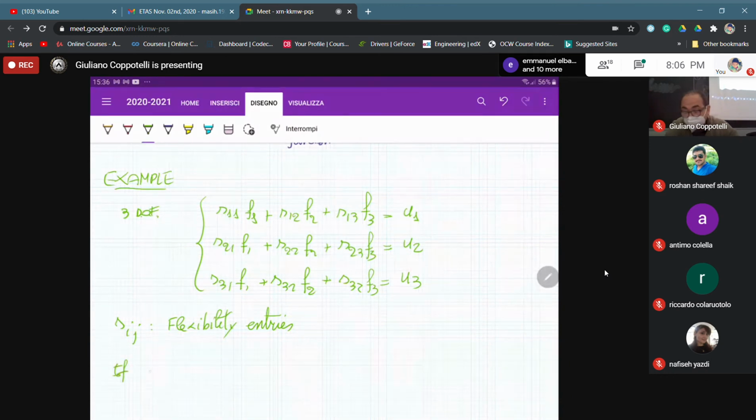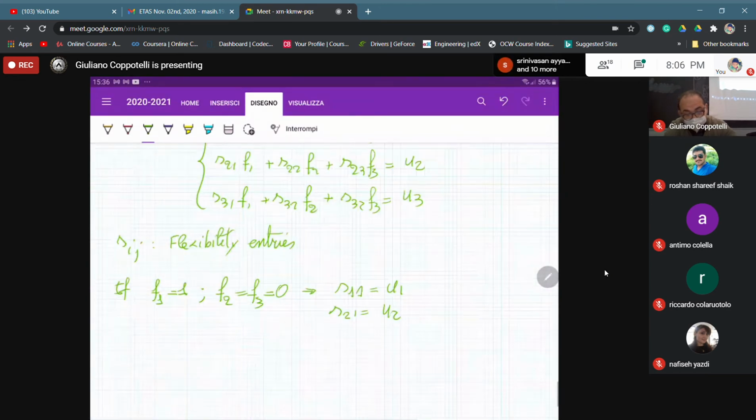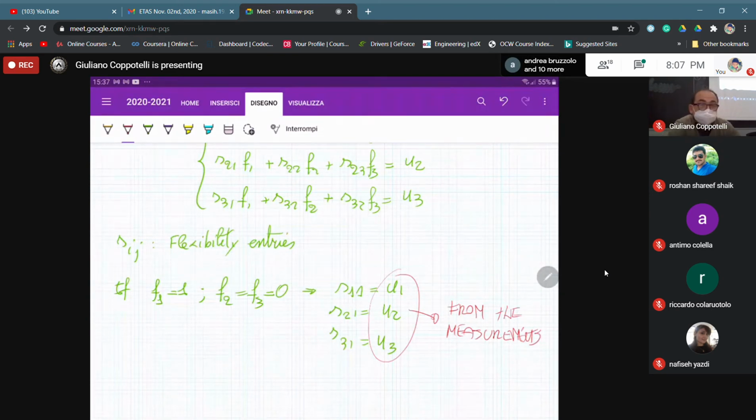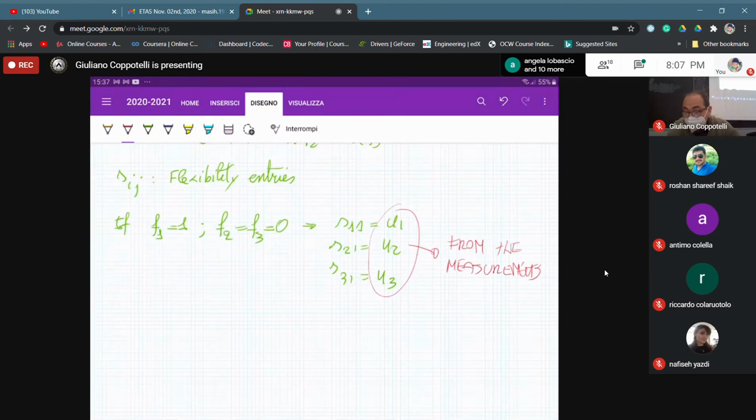If your loading is such that F1 is unitary and F2 and F3 are both 0, then S11 is equal to U1, S21 is equal to U2, and S31 is equal to U3. These are quantities that you know straight from the measurements, and they give you the information of one column of your flexibility matrix.